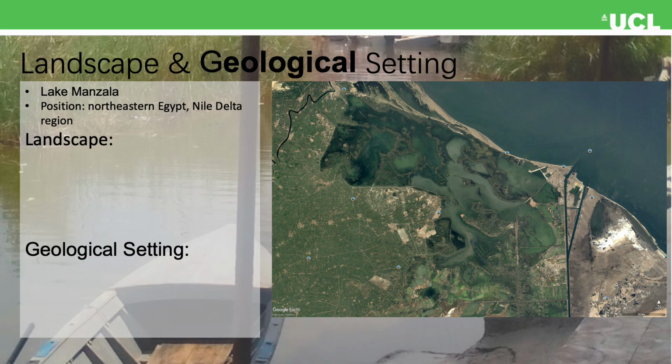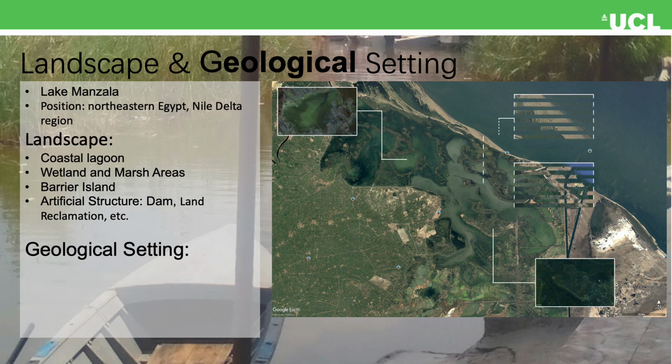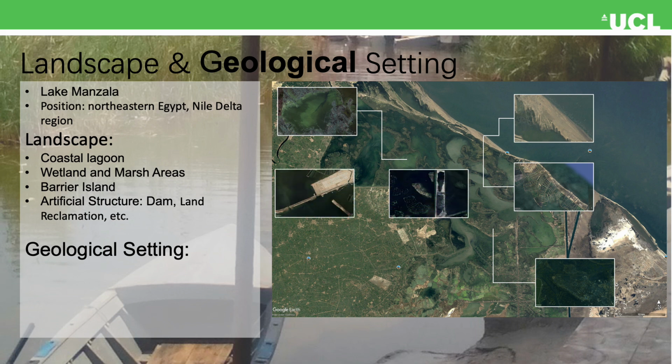Lake Menzala in northeastern Egypt is part of the Nile Delta and shaped by both natural and human influence. Its landscape includes coastal lagoons, wetlands, marshes, and barrier islands, visible in the satellite imagery. Human modifications like dams, drainage, and land reclamation have significantly altered water flow and sedimentation.